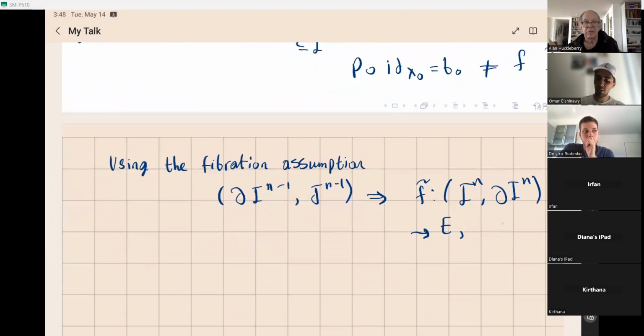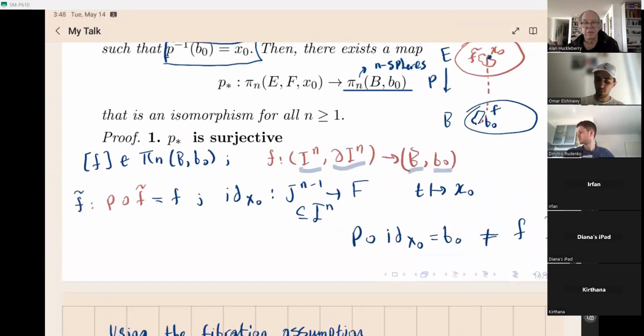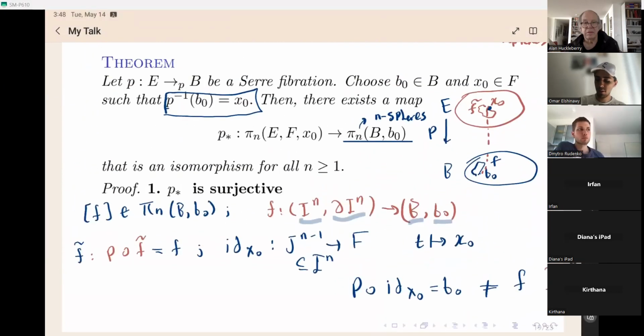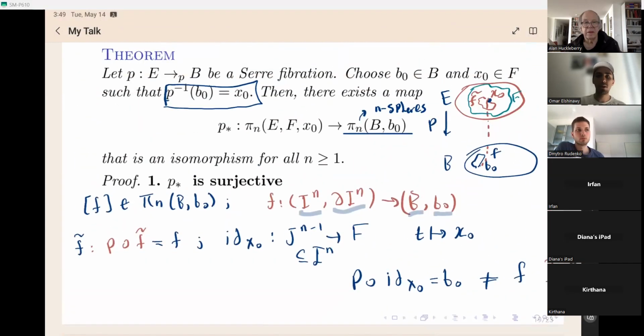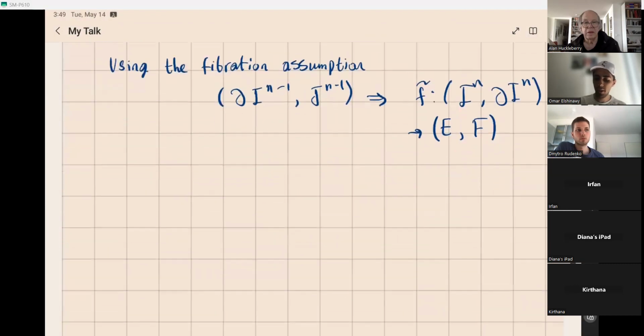But of course, the boundary is mapped to this f that we have here. So f is just some subset in this region. The drawing is only good for purposes of imagination, so don't take it too seriously.